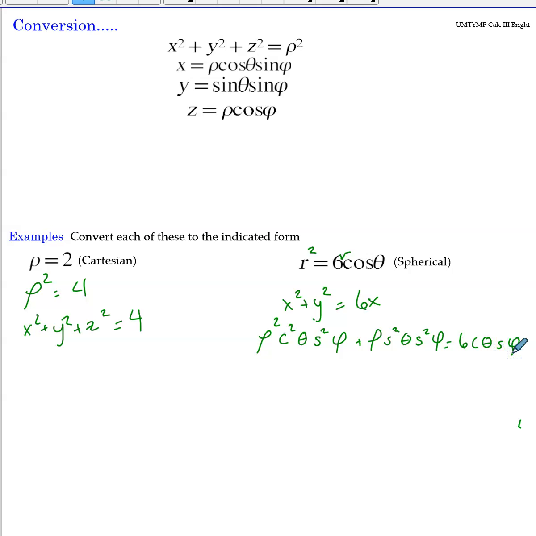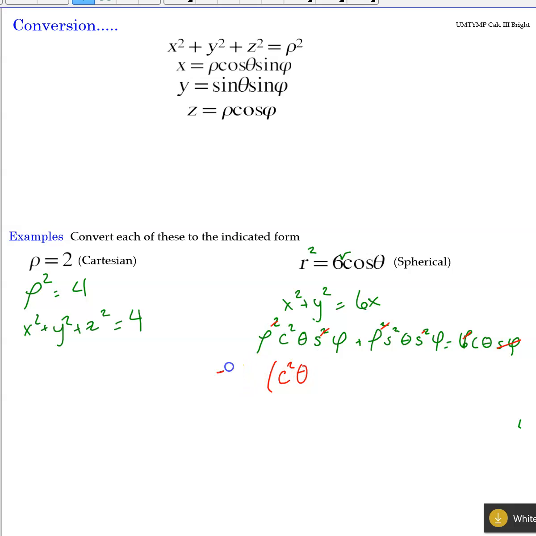Okay, so then everything has a sine phi in it and a rho, which I forgot here. So then I can take out a rho, and this was supposed to be squared. Yep, lots of errors in this one. That's okay, we're catching them. Then I can take out a sine of phi, sine and sine.